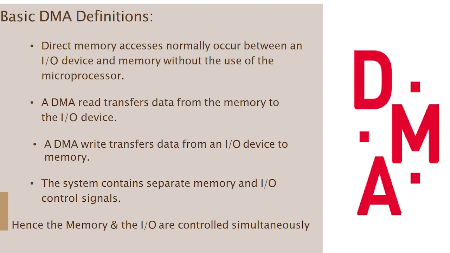DMA write means we transfer the data from an input-output device to the memory. So read means from memory to input-output devices, that is, we read the data from the memory. Write means we write the data from input-output devices to the memory.